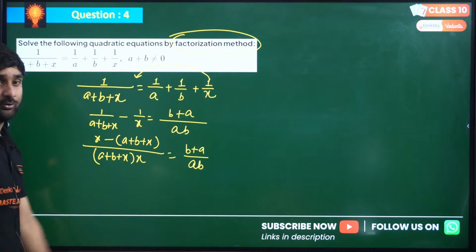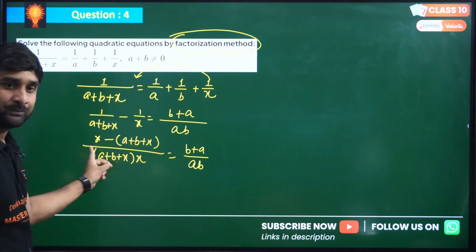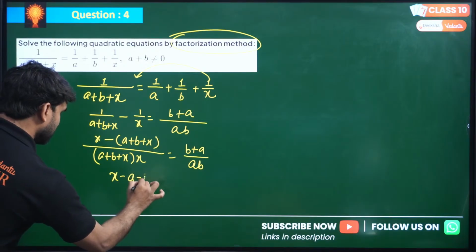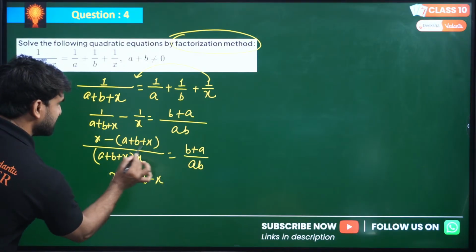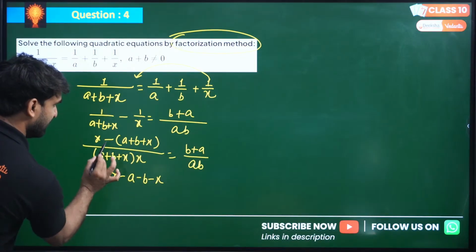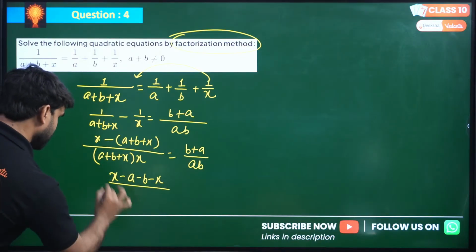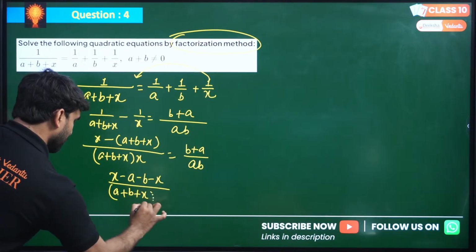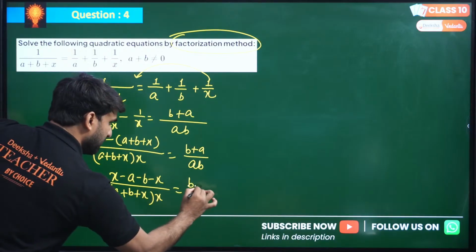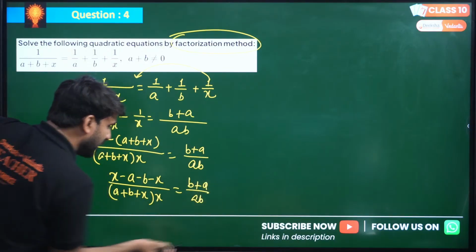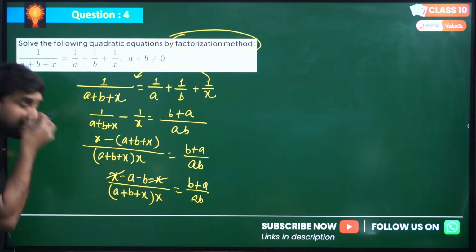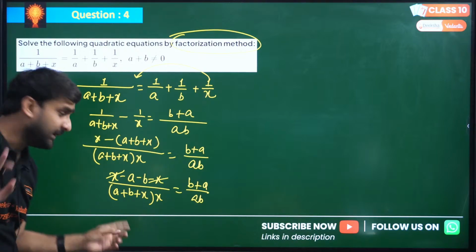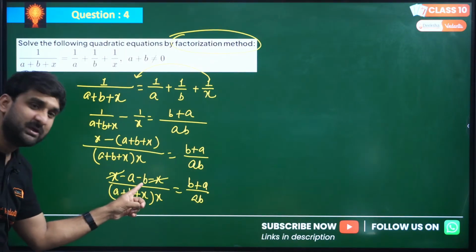I hope this is clear to you. Now can we open the bracket here? Yes, we can. So this would be x minus a minus b, because every element inside the bracket goes negative due to the negative sign, divided by a plus b plus x into x, equals b plus a divided by ab. Now this x will cancel, because one x is positive and the other is negative. And minus a minus b, can we take minus as common?